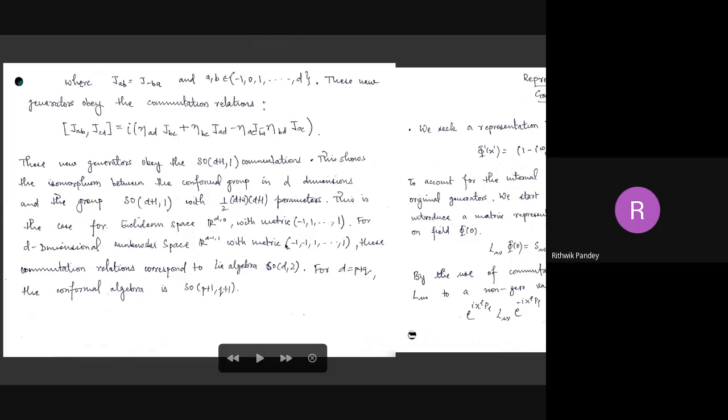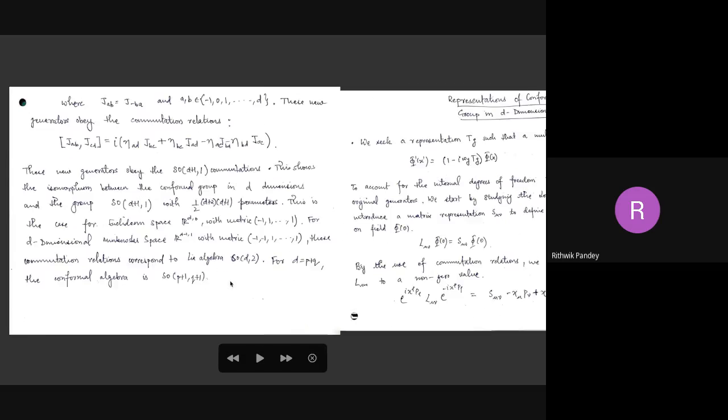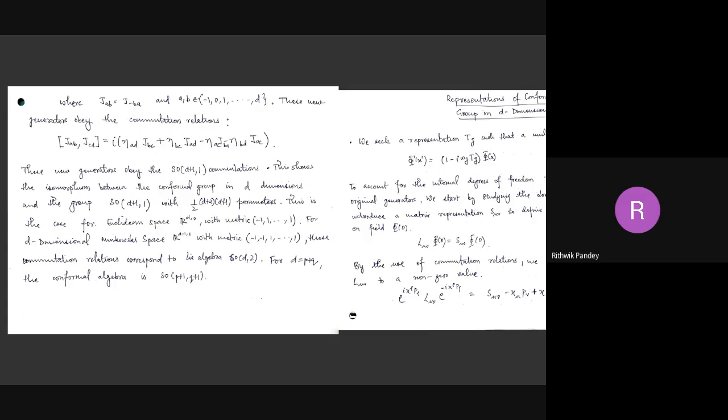And if I have p space indices and q time indices, where d is equal to p plus q, the conformal algebra corresponding to that will be SO(p+1, q+1). So these are the basics of the conformal algebra.